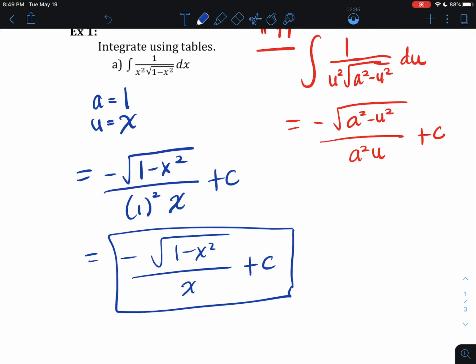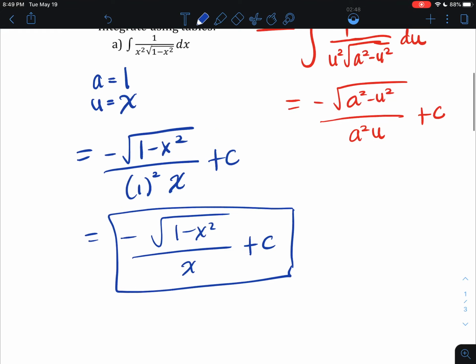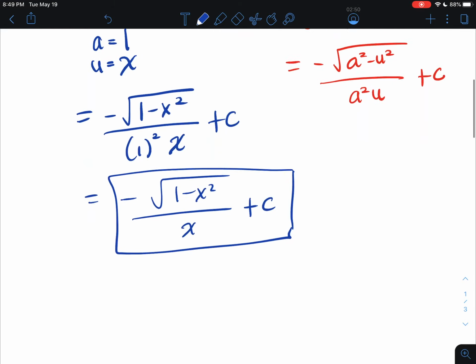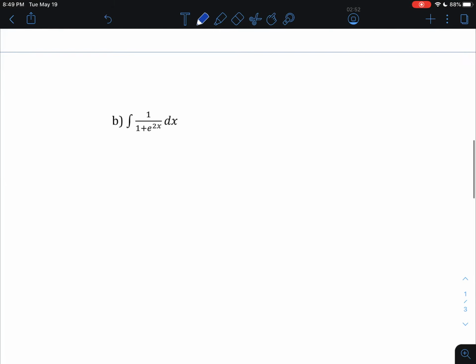If you look through the pages, you'll see that it's separated differently. It's a little bit easier to find them if you had a cosine or a sine, or e to the x, and so on and so forth. It is separated by different types of sections, so it shouldn't be that hard to find the one that you need.